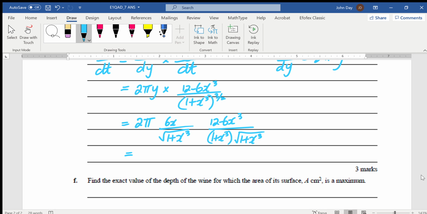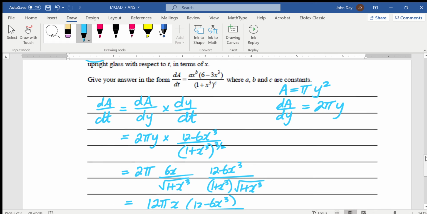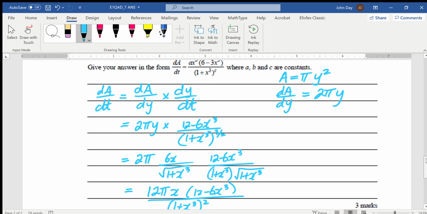I've got 12 pi x (12 minus x cubed) on, and this is (1 plus x cubed) squared. Now, they wanted us to find it in the format a x to the b, (6 minus 3x cubed), over (1 plus x cubed) to the c.